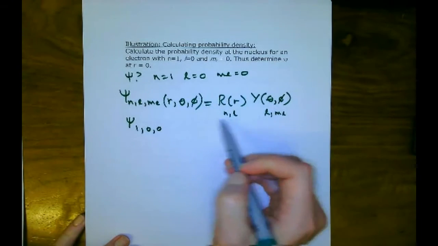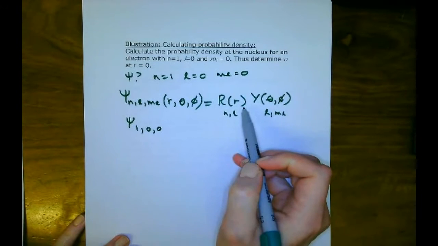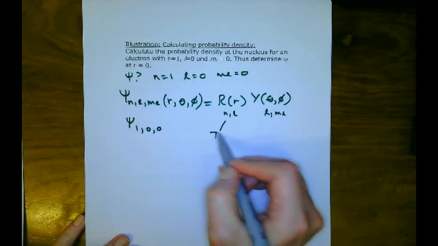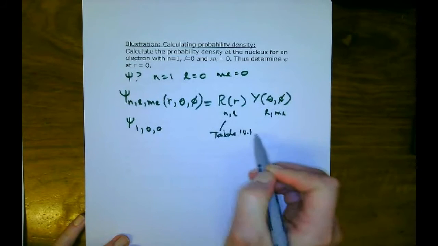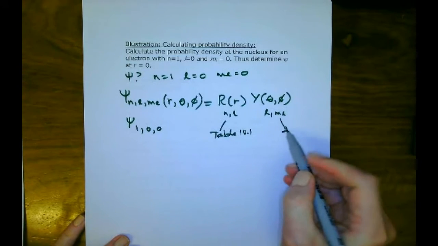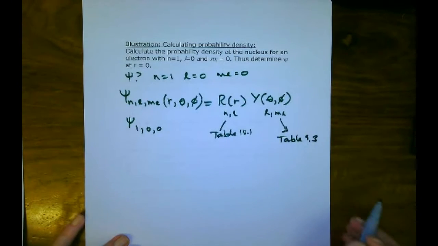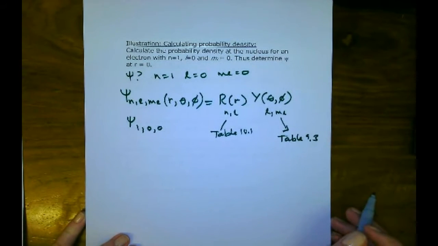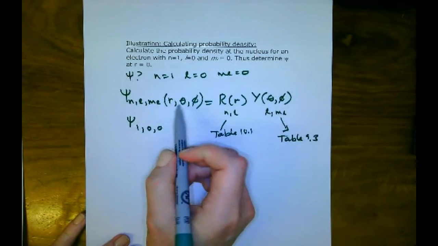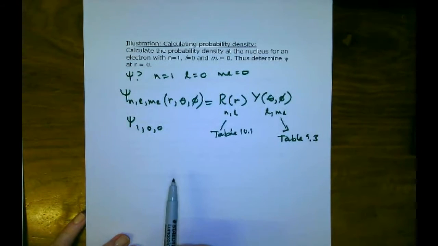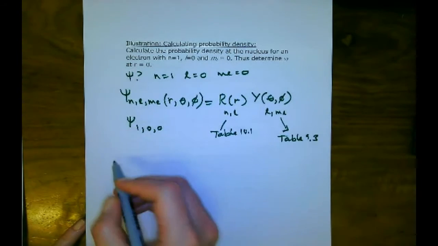Well, the radial part I can get in table 10.1, and the angular part I can get in table 9.3, and then it's just a matter of multiplying the two to get the wave function, and probability density is the square of that wave function.